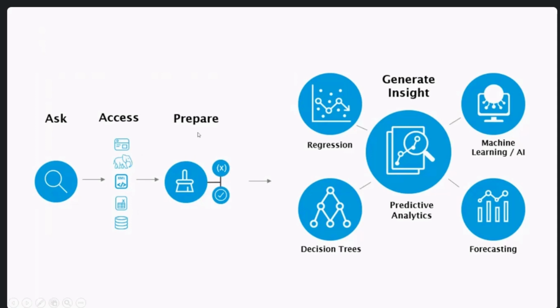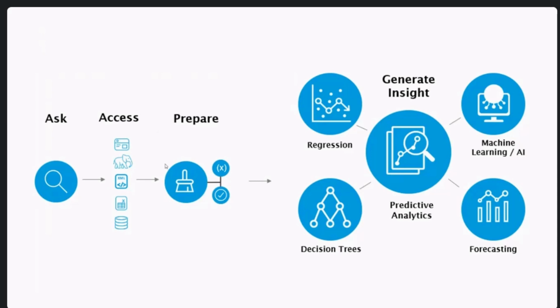Then you can prepare the data. That means you need to deal with the missing values, outliers, duplicate values, and all the unwanted data in order to get proper decision, proper analysis.